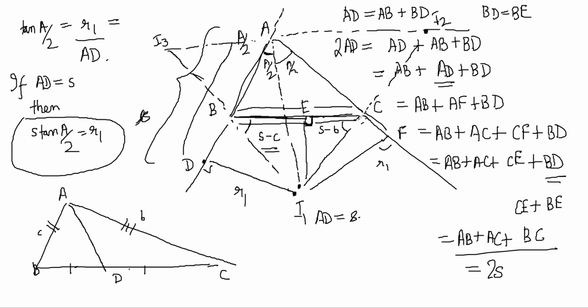One triangle that I can see is this triangle. In this triangle, this distance is s minus b. You know this angle also. So now you can write CI1. You understand?